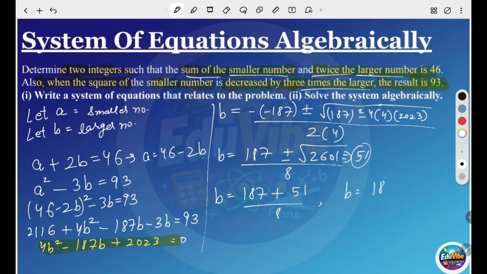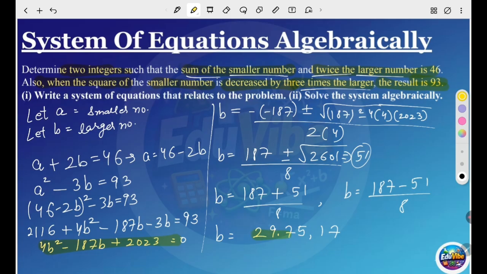Then we do 187 minus 51 upon 8 again. Firstly addition, then subtraction. From here you get about 29.75, and from here you get about 17.